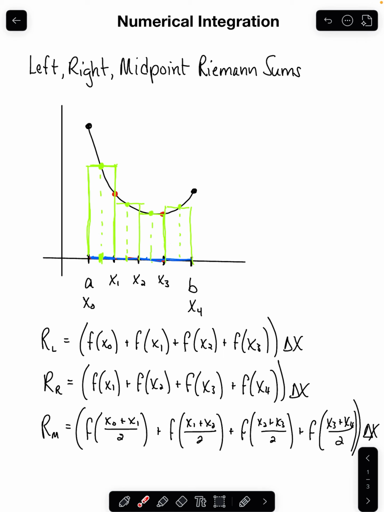So once we've established one midpoint, all we have to do is continue to add the value of delta x across. For this reason, since the midpoint rule is the most accurate numerically, it is going to be the best choice for numerical integration.